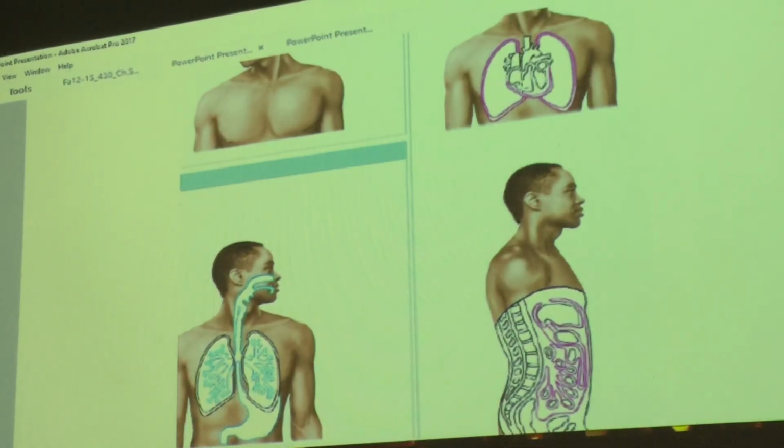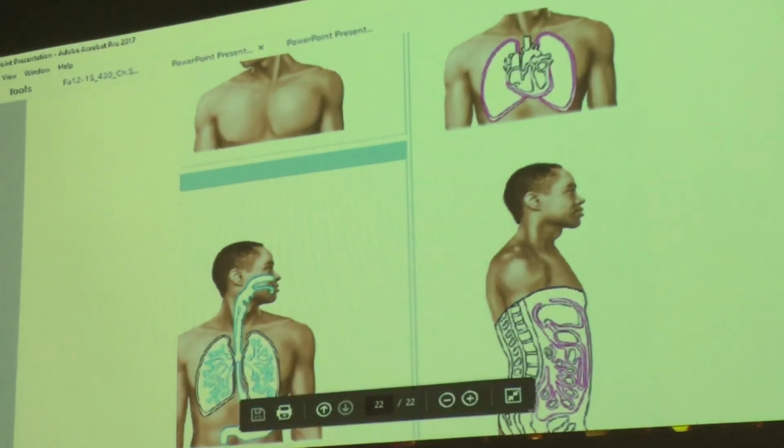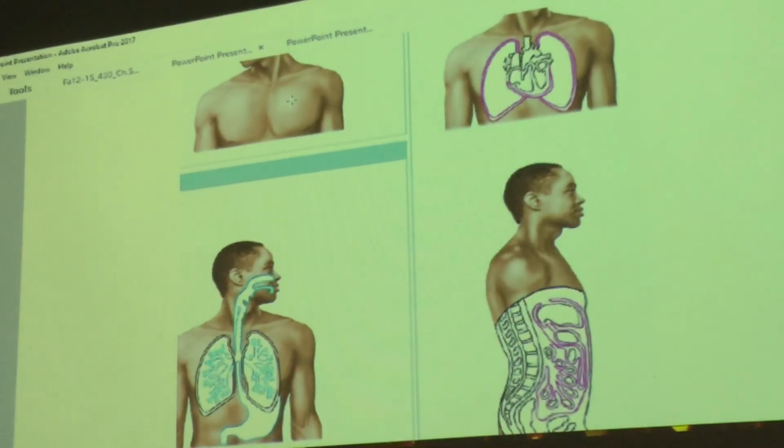Pericardium, or pericardial membrane, and then around some of the visceral organs, peritoneum. And then the blue is representing what over here? Mucous membrane. And then over here, cutaneous membrane. And so we've got our three types of epithelial membranes.